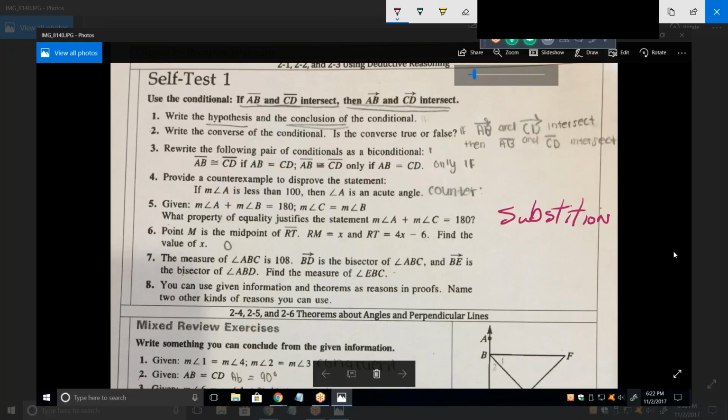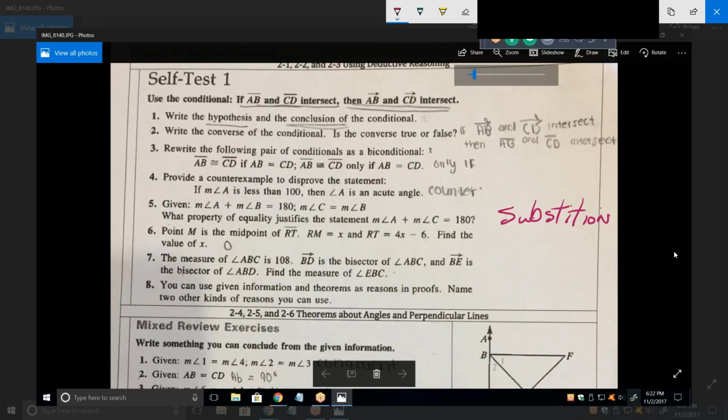In fact, probably the index. I need properties of equality. Properties of algebraic, okay, 96 and 97. Thank you. All right, here we go.